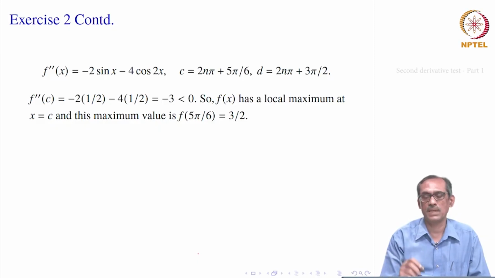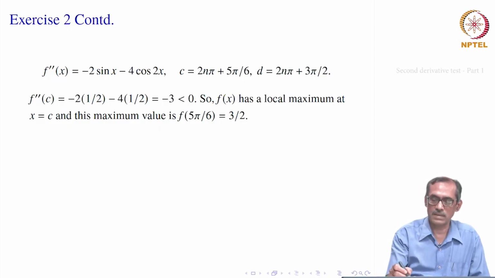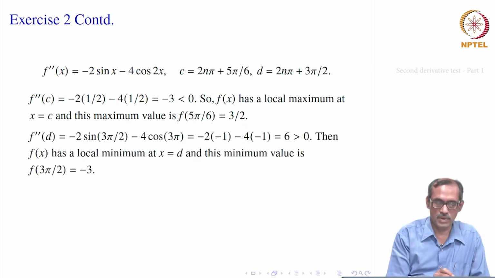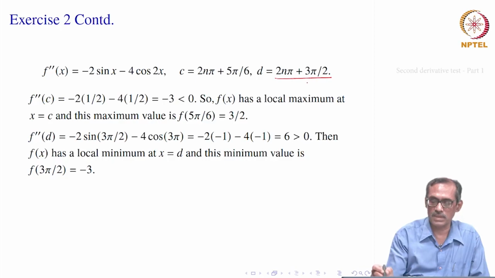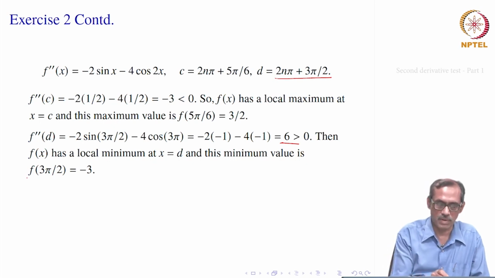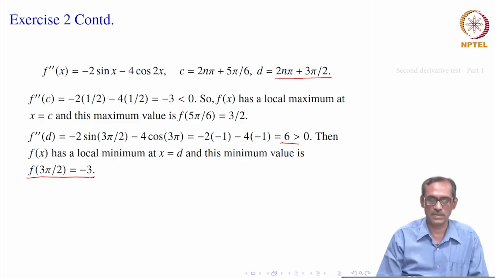Therefore, f(x) has a local maximum at these points C, and the maximum value is 3/2 again. Similarly, for D, we substitute 2nπ + 3π/2, that is 3π/2 essentially. That gives us 6, which is bigger than 0. Again, as in the B case, there is a local minimum at D, and this minimum value is f(3π/2), which is minus 3.